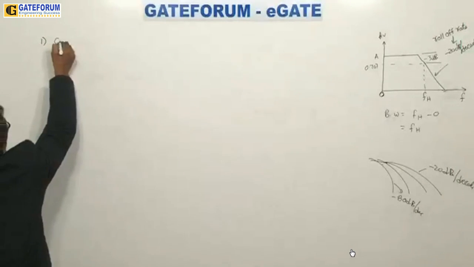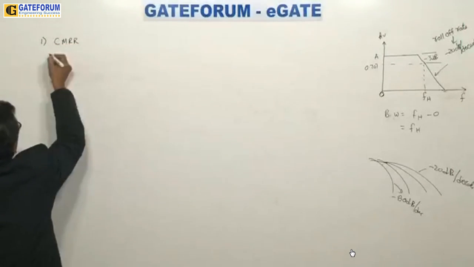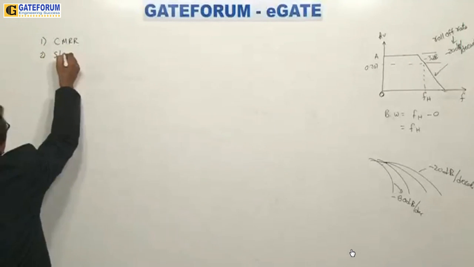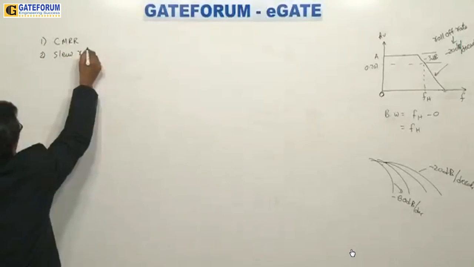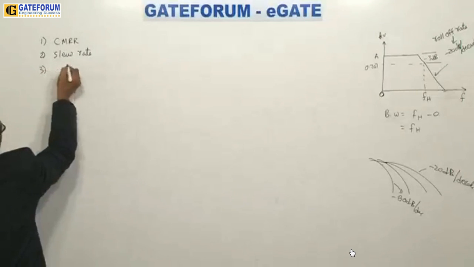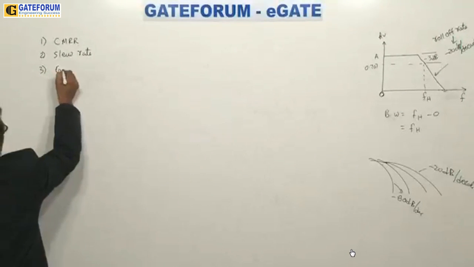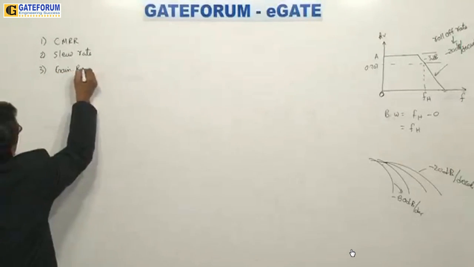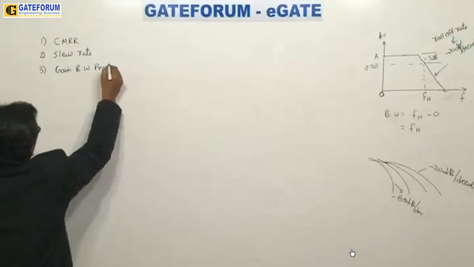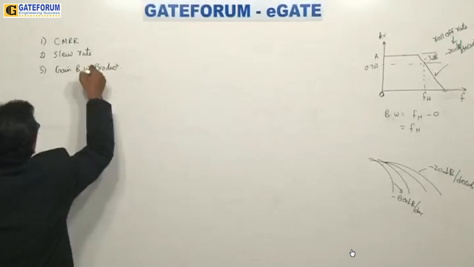first one, CMRR, common mode rejection ratio, and we have slew rate, and next gain bandwidth product.